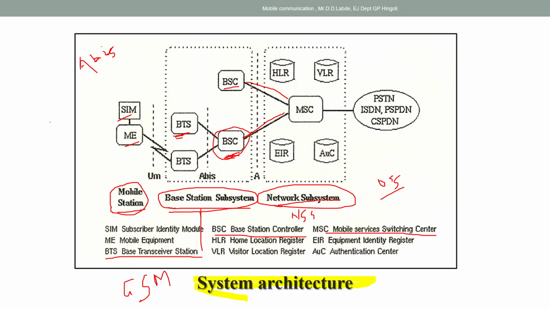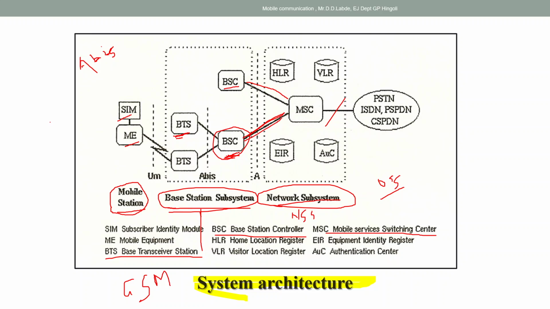The BSCs are physically connected to the MSC, the mobile switching center, via leased line or microwave link. This interface is known as the A interface. The interface between BSC and MSC is called the A interface.